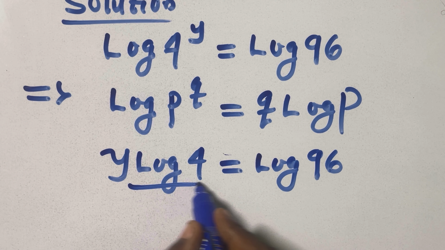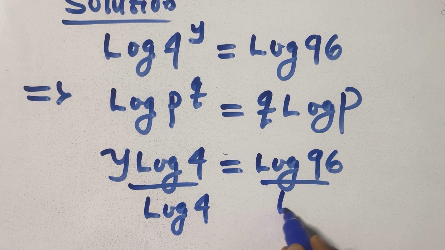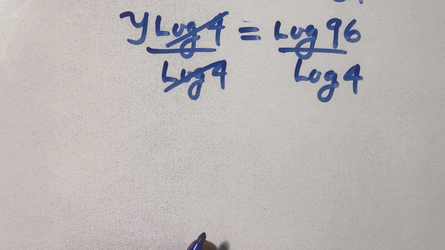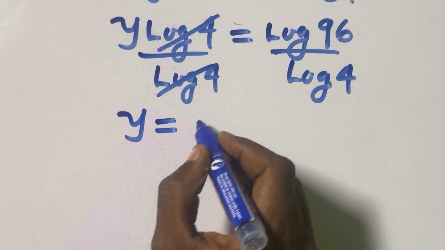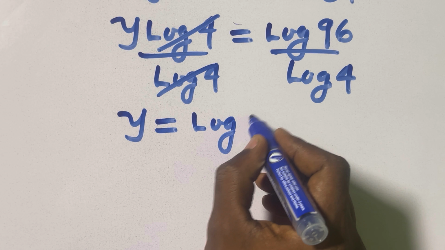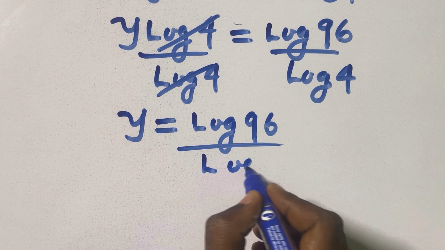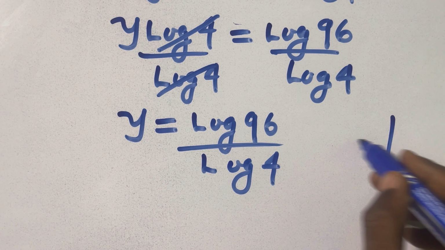What we are going to do next is to divide both sides by log 4, this will cancel out this, and we will have y equals log 96 divided by log 4.